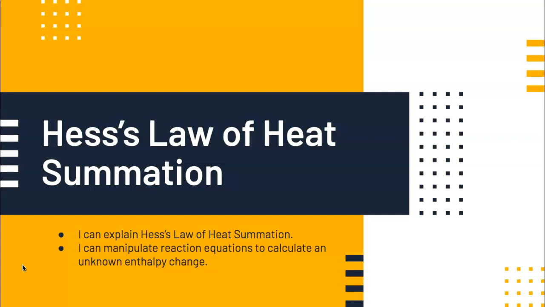So, before we dive into the meatiness of the law itself, I'm going to share a little bit of information about Hess, because I love a good bit of science history. Hess was a Swiss-born Russian medical doctor and chemist who was really interested in the theoretical side of chemistry. He was born in 1802 and died at a very young 48 in 1850.